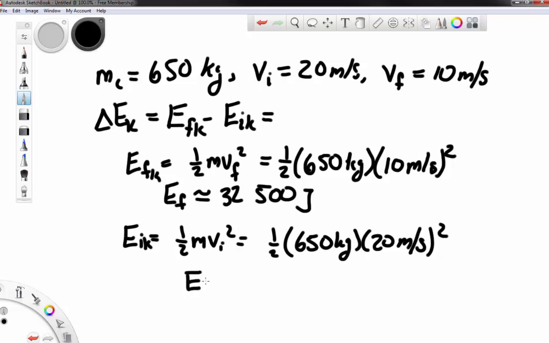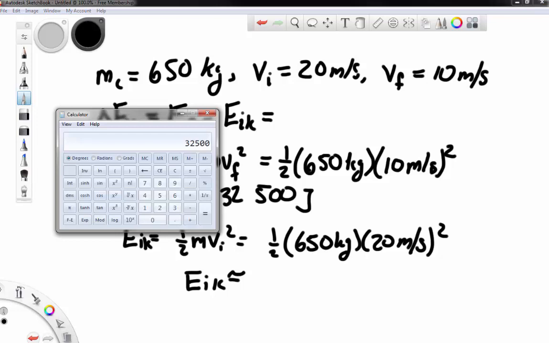So our initial kinetic energy is going to be 650 divided by 2 times 20 times 20, 130,000.